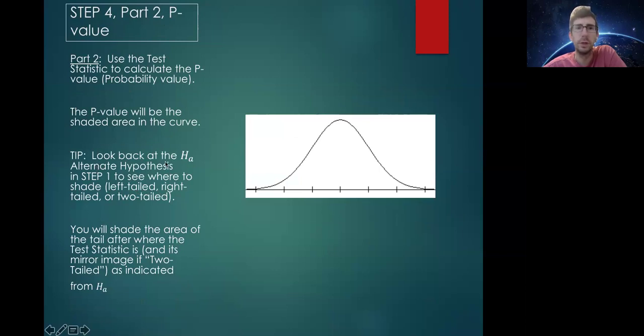So remember our tip, we need to look back at our alternate hypothesis at this point from step 1 to see where to shade under our bell curve, whether it's left-tailed, we shade to the left, right-tailed, we shade to the right, or two-tailed, wherever our test statistic is, we would take the area under the curve to the right of it and to the left of its positive, or really to its negative counterpart.